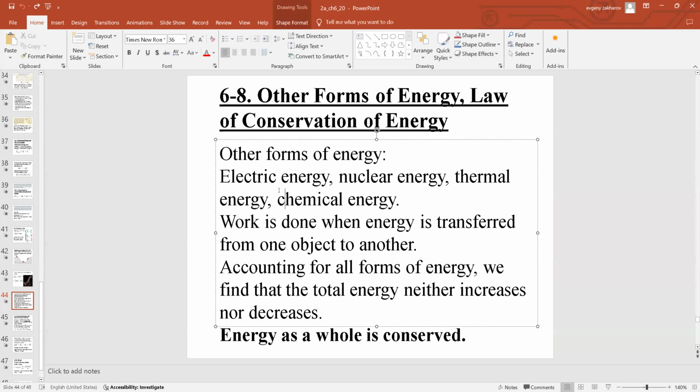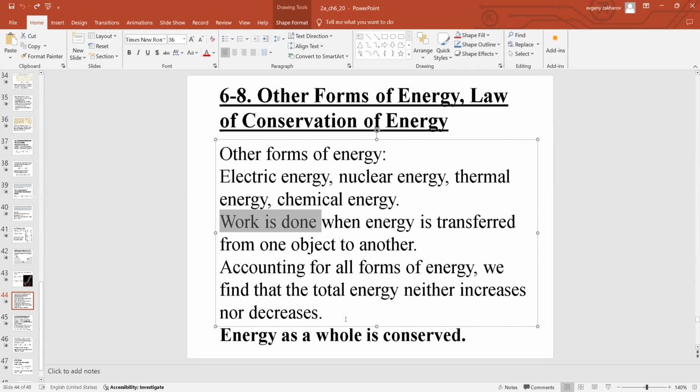So yeah, we do have electric energy, nuclear energy, chemical energy, all sorts of energies. And every time there is a transfer of energy to or from a system, there is work done by certain forces.